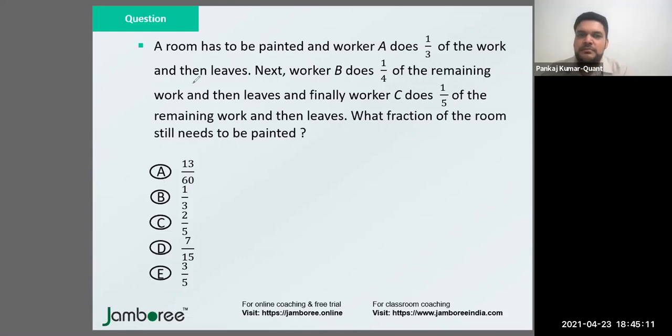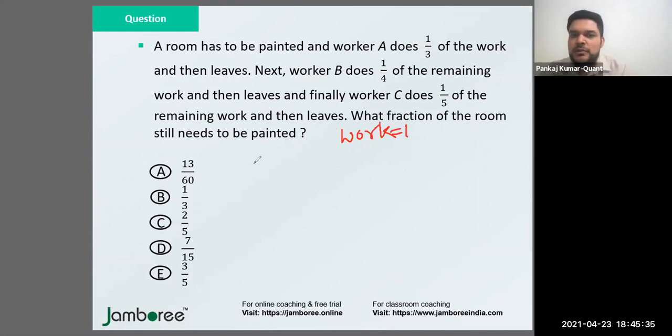Let's try and solve this question to relate this. Let's say this question: a room has to be painted. Worker A does 1/3 of the work and then leaves. I don't know how much work there actually is, so I'm assuming some work. I'm taking the work to be 1.